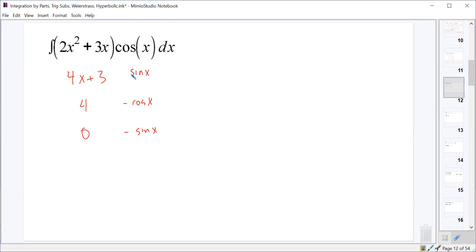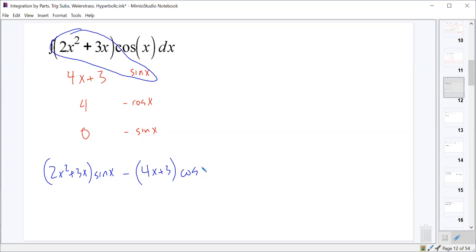So we attach the 2x squared plus 3x with the sine x, minus the 4x plus 3 times the cosine x. And then it's times another negative, so plus.